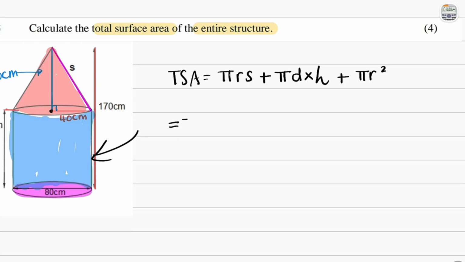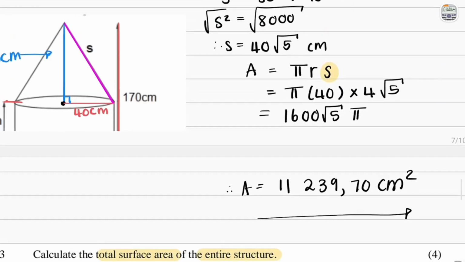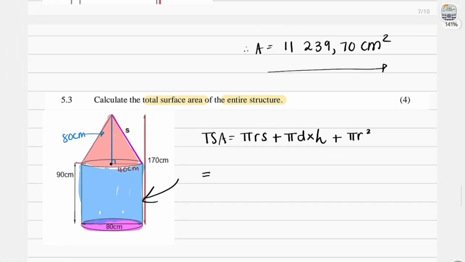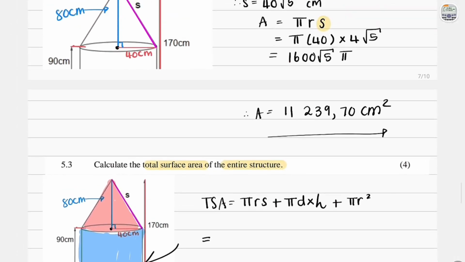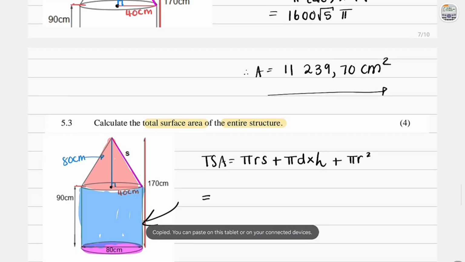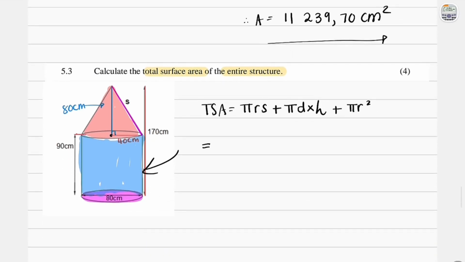So let's find this. It's pi, and we already found this one, so might as well just put it in. I'll leave the rounded off answer. Regardless of whether you leave the rounded off answer or not, it really won't matter because you're still adding it to these ones, so let's just leave it not rounded off.